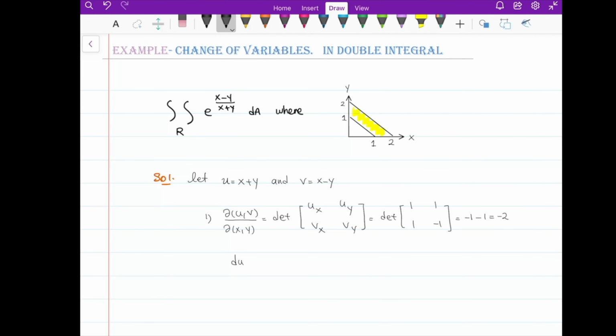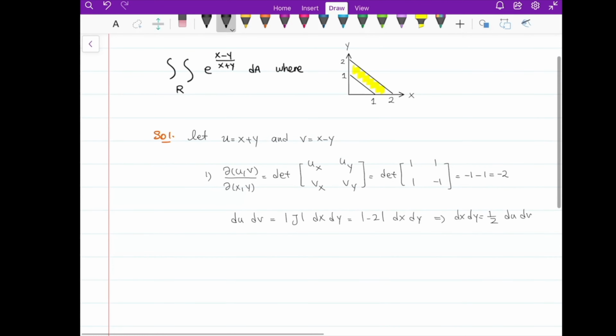So I'm gonna say when I have du dv, it would be the absolute value of the Jacobian times dx dy. So it is negative 2 dx dy, and based on that, dx dy would be 1/2 of du dv. Okay, so let me change the integrand.